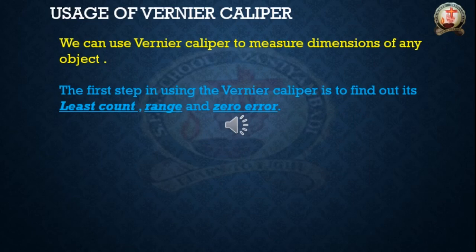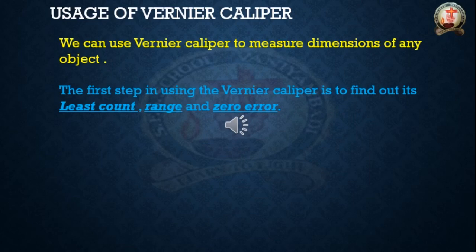Zero error means that the vernier calipers does not have any mistake or any manufacturing defect. At the time of manufacturing, a vernier calipers may have some defects.